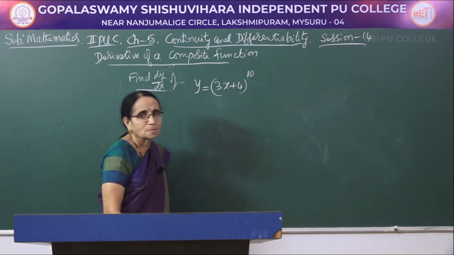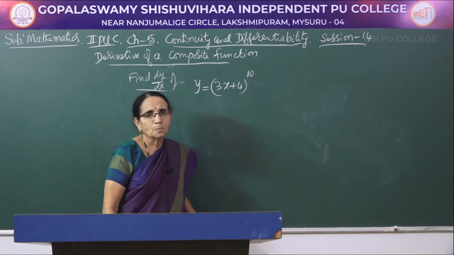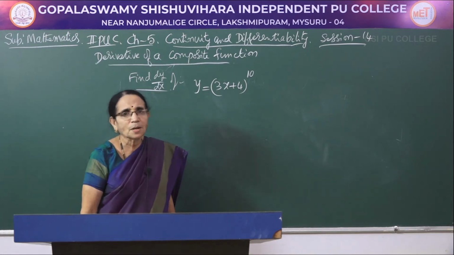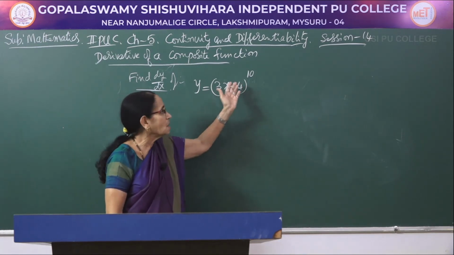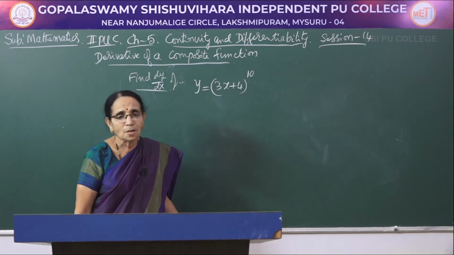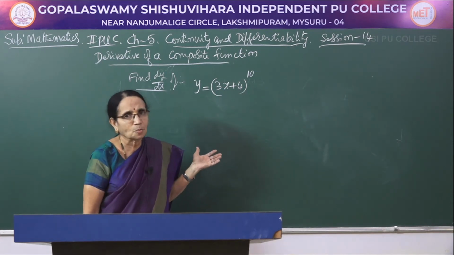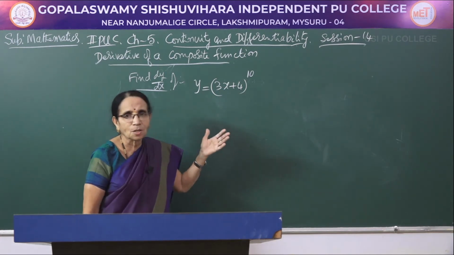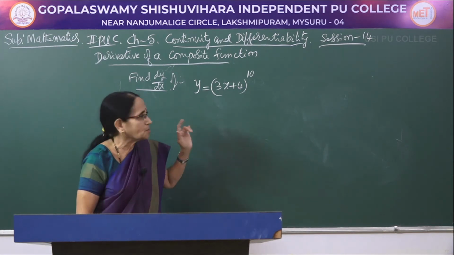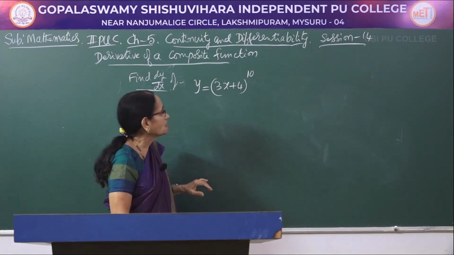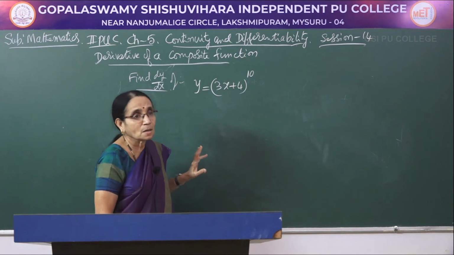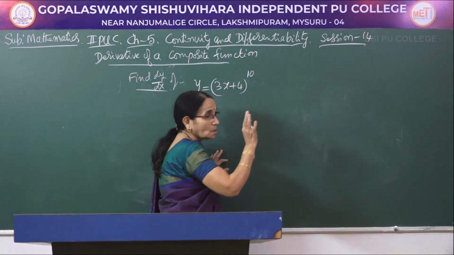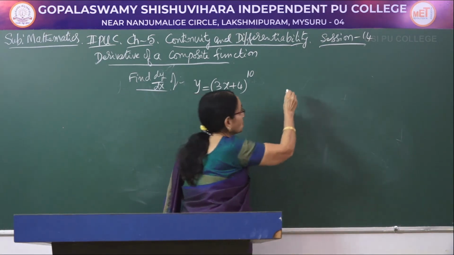Now, it is an algebraic function, a linear function for that matter, raised to the power 10. I told you already, you can use the binomial theorem and expand and then differentiate each and every term with respect to x. But look here, suppose you make a substitution here. I am telling you again, you need not show that one.